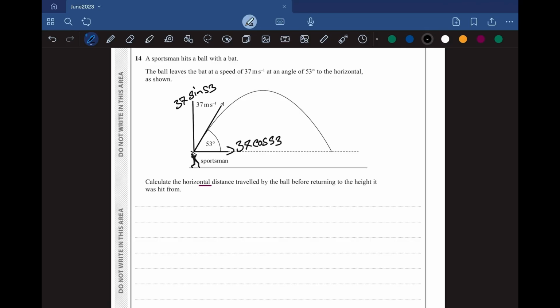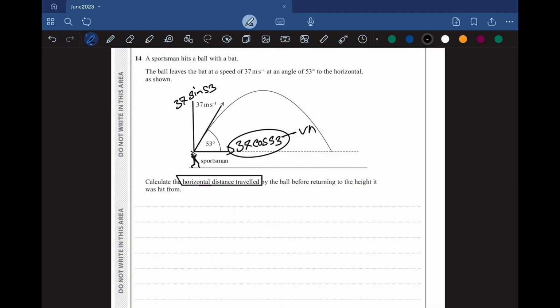Alright, they have asked us to figure out the horizontal distance traveled by the ball before returning to the height it was hit from. We know the horizontal velocity, or the horizontal component of the velocity.